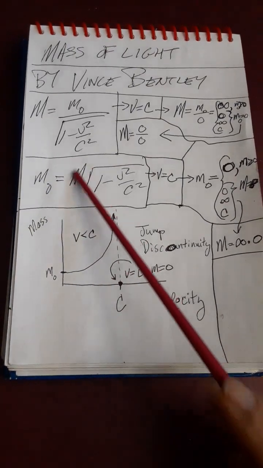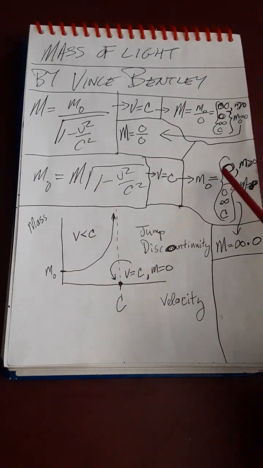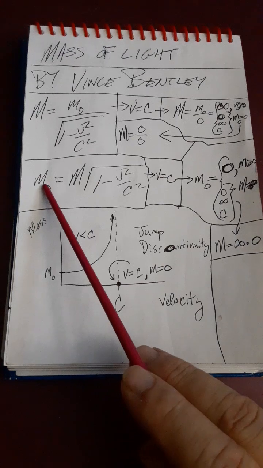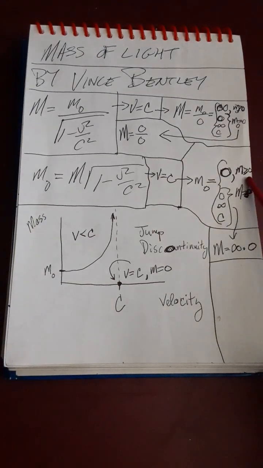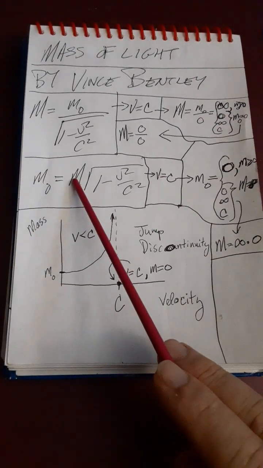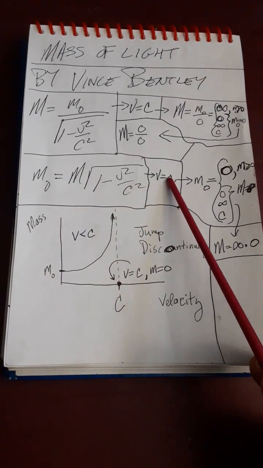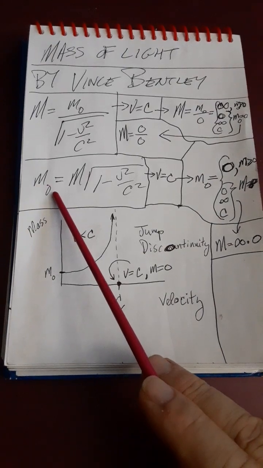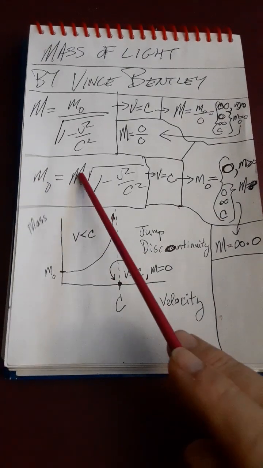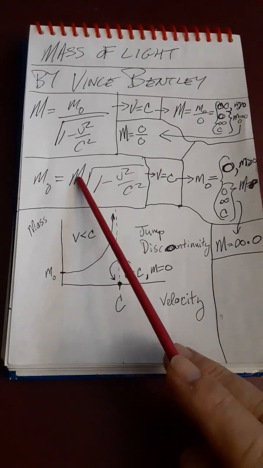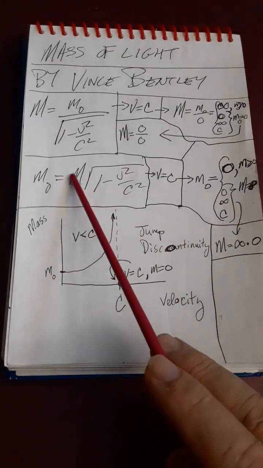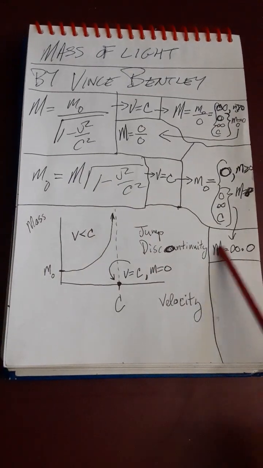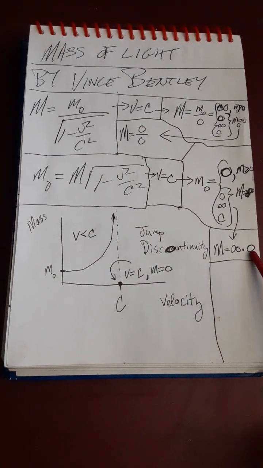If the relativistic mass is equal to 0, of course, the rest mass would be 0. If it was some constant, then at a velocity equal to c, you would get the rest mass equal to 0, no matter what m was, as long as it's not infinity, because if it's infinity, then we get infinity times 0, which again is what's called an indeterminate form.